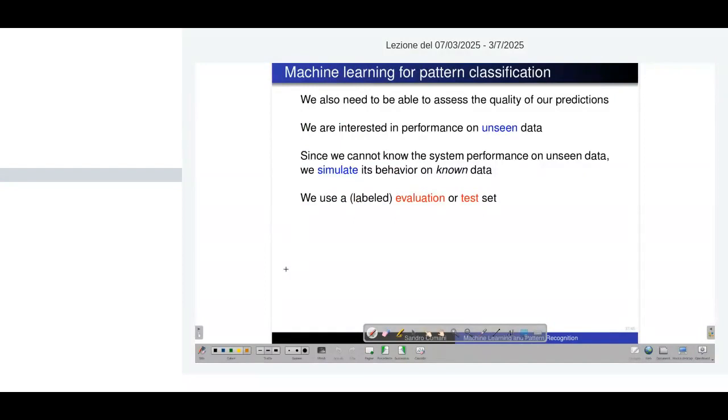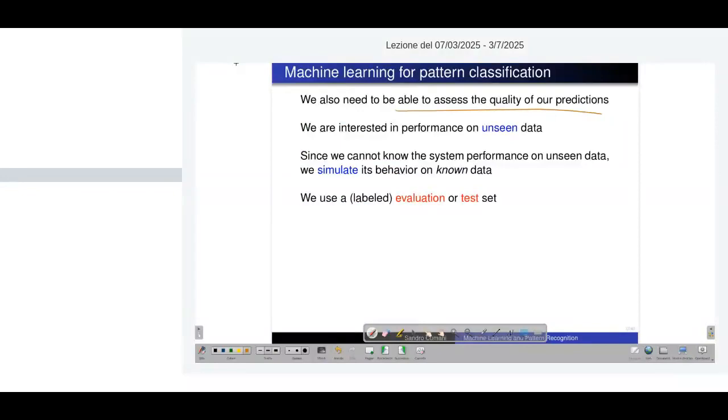So we will spend some time to figure out how to evaluate the performance of a classifier, and how to do this in a relevant way that will give us some relevant information on the quality of our classifier.